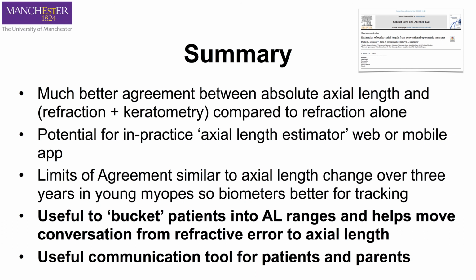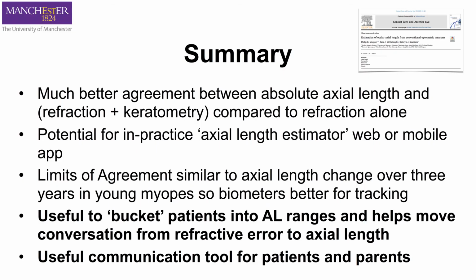But perhaps more important still is it allows us to shift the conversation away from diopters but towards millimeters, because ultimately the problems that we see in later life of these pathological changes with myopia, it's not a diopter thing really, it's an axial length thing, it's a millimeter thing. And I think as such this sort of approach gives us a new helpful communication tool that we can use with our patients, and in the case of young myopes, with their parents as well.